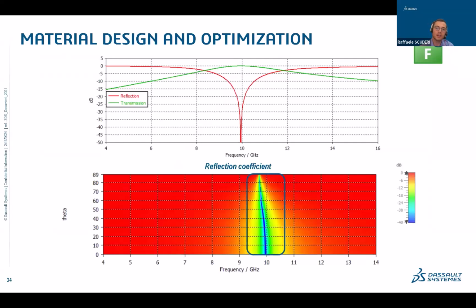As any optimization algorithm, it's an iterative process. And after a few iterations here, I got the convergence and I optimized this material to be pretty transparent at 10 gigahertz and to be pretty reflective out of band. You can see that from the 1D curves on the top and the 2D plot on the bottom.